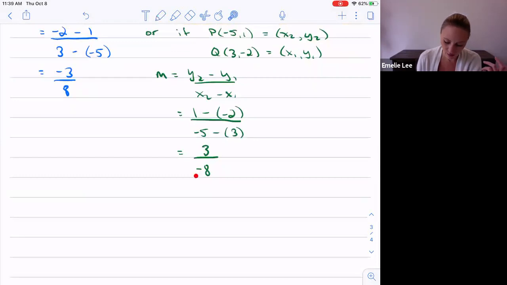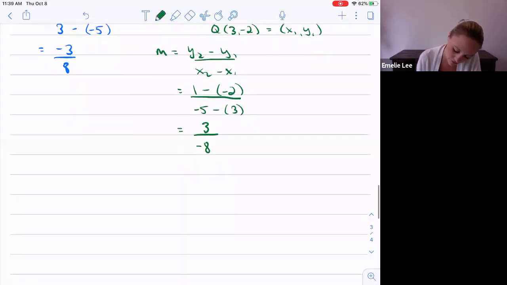But whether the negative is on the top or on the bottom, there's just one negative, so it's just a negative value. It actually doesn't matter where it is, right?